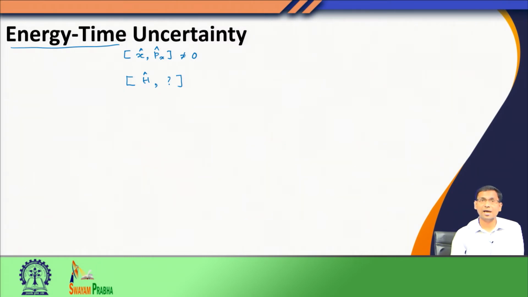When we discuss energy time uncertainty, we must remember that time is actually not an observable. We said while discussing the postulates of quantum mechanics that for every classical observable there exists an operator in quantum mechanics.